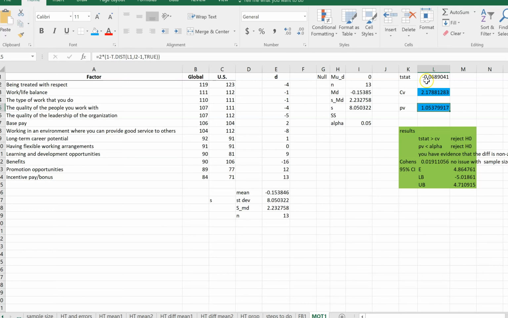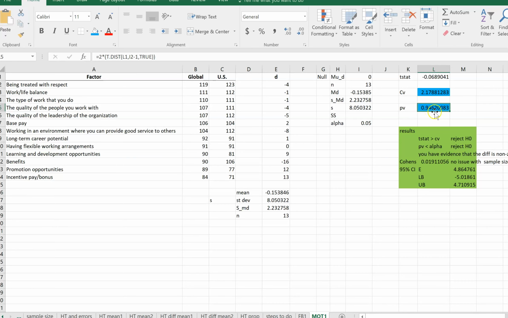Because your t-statistic is negative, you actually are not going to do a 1 minus. You're actually going to do the t.dist of that value. That'll give you the area below that value, and then you have to multiply by 2. Again, the t-statistic is negative, which means we have to do t.dist to find the area below that bar. Then we multiply by 2 to get the total p-value, which if you notice is huge.